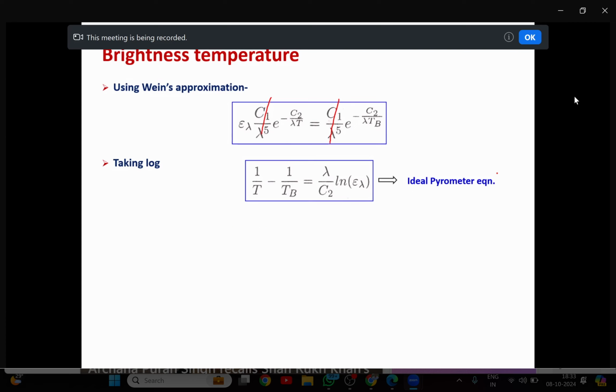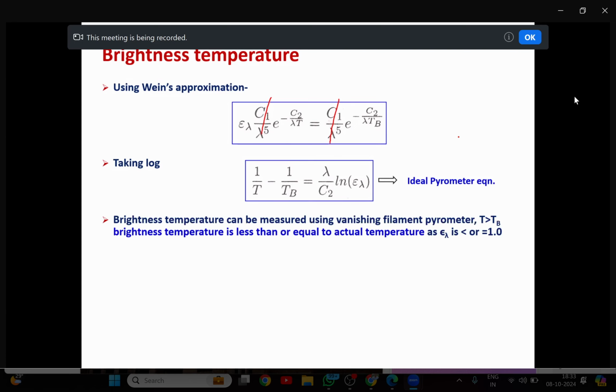Typically, there is a correction to this equation, because in the actual setup, I'm going to show you the setup, you'll see that the brightness temperature can be measured using an instrument called a vanishing filament pyrometer. And as we discussed, the actual temperature will always be greater than the brightness temperature, or the brightness temperature is less than or equal to the actual temperature, because the spectral emissivity is less than or equal to 1.